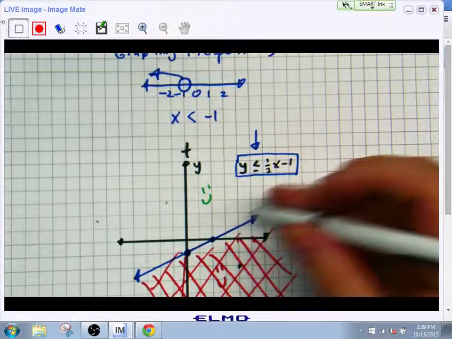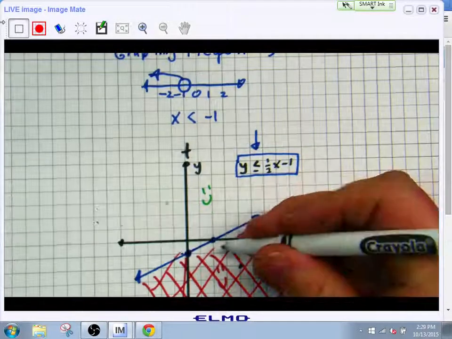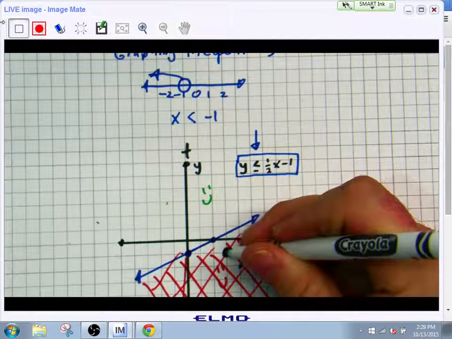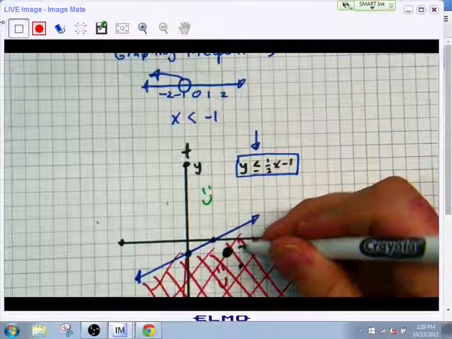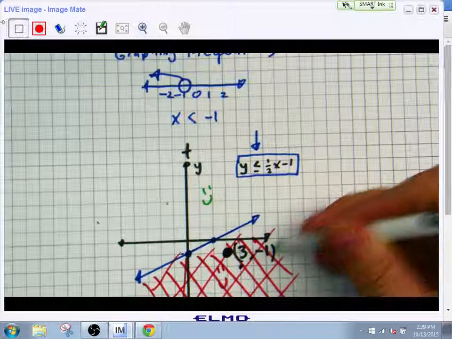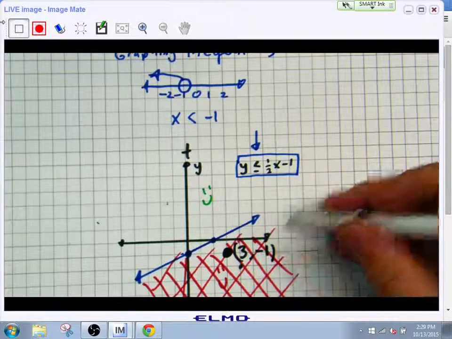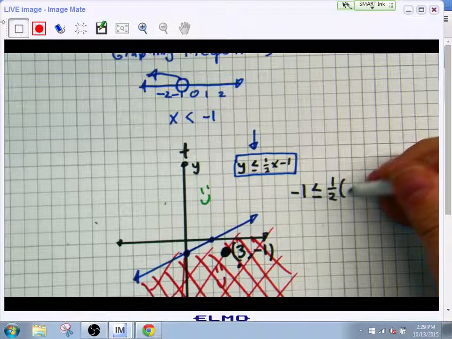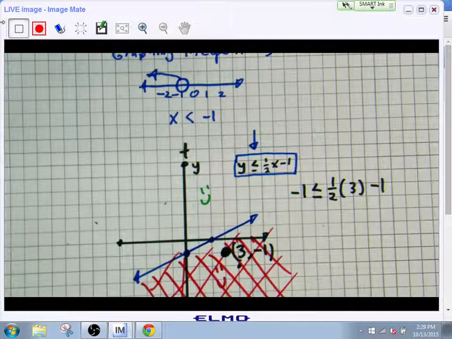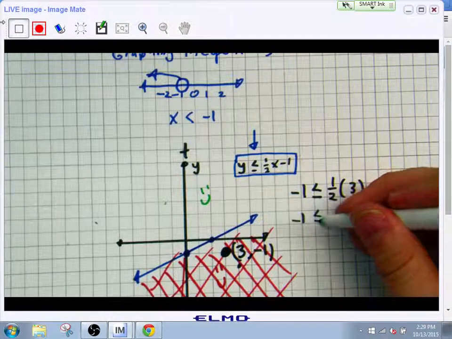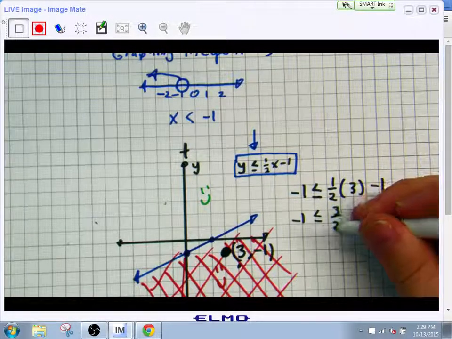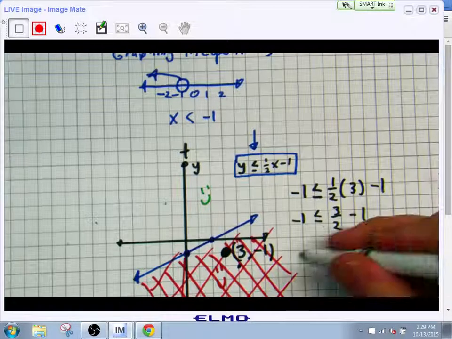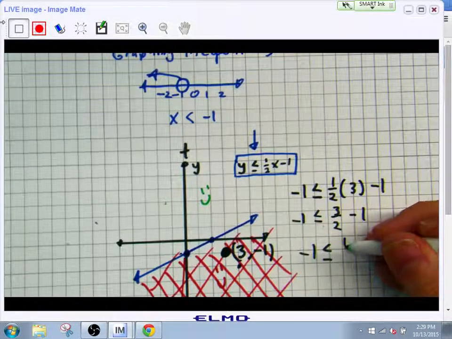In fact, check it out. I'm going to pick a point. I'm going to pick this point right here. This is the point 3, -1. And I'm going to plug it into my inequality. So -1 is less than or equal to 1/2 of 3 minus 1. So -1 is less than or equal to 3/2 minus 1. -1 is less than or equal to 1/2.